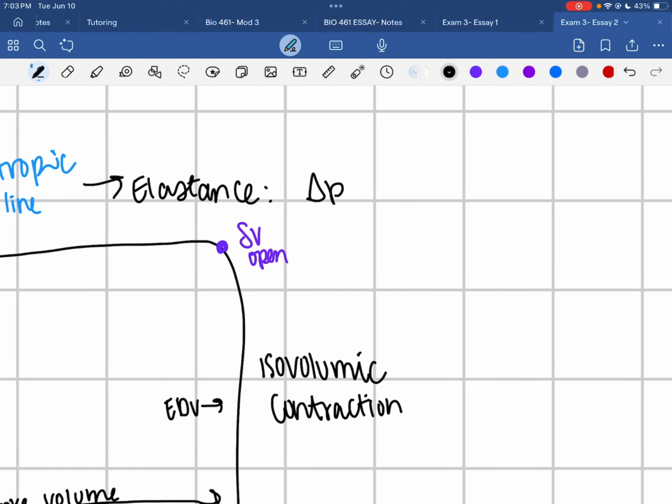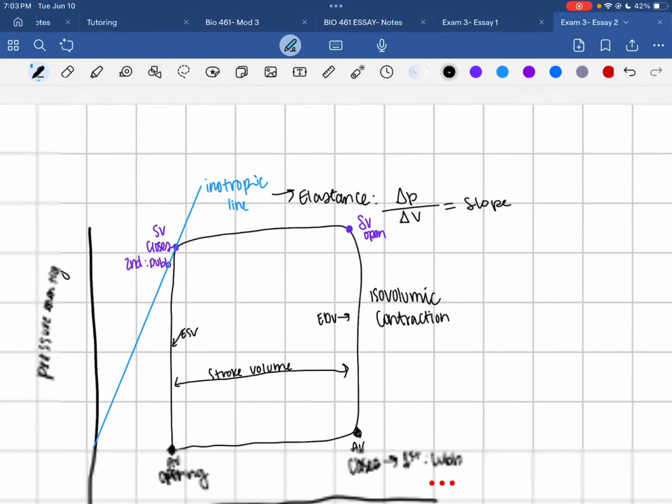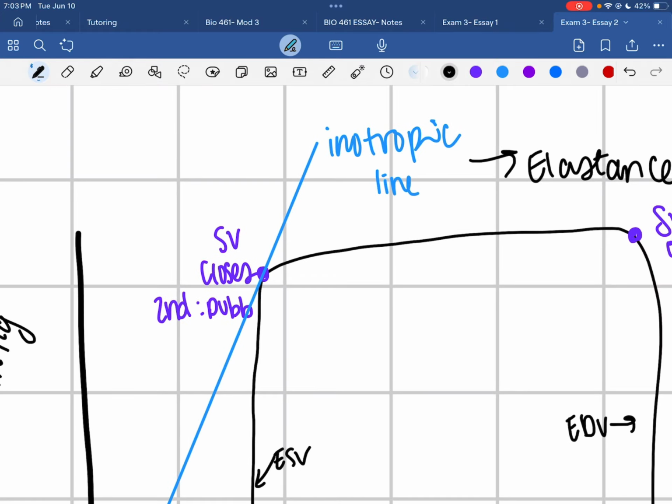This also pertains to elastance, which is our change in pressure over change in volume, equal to the slope. At this point right here, we could say this is our max contraction.